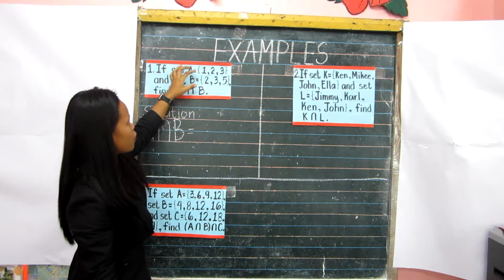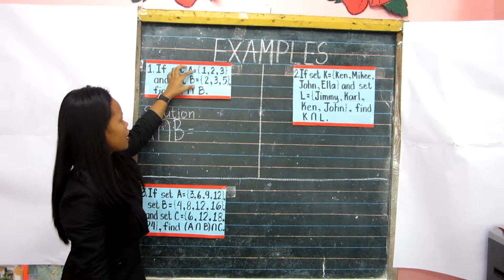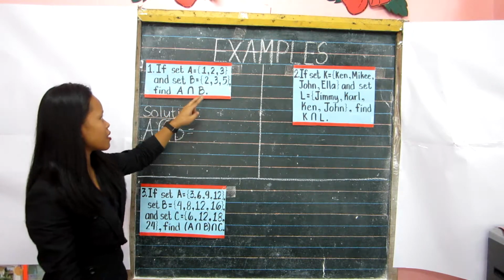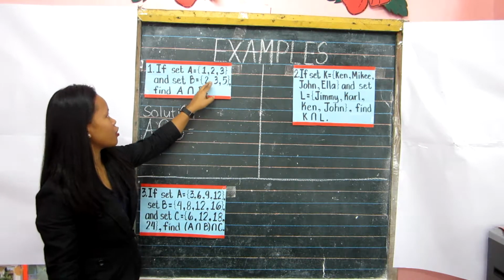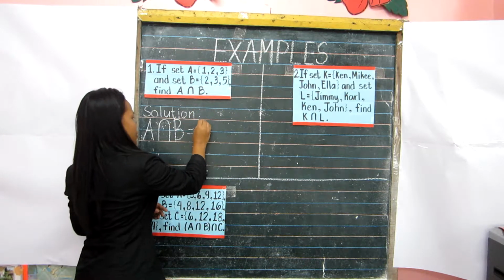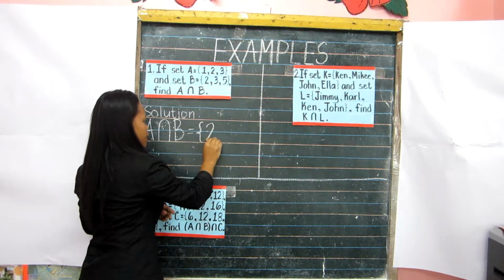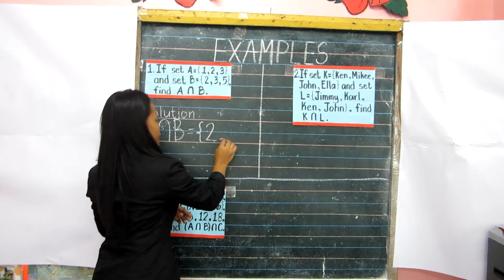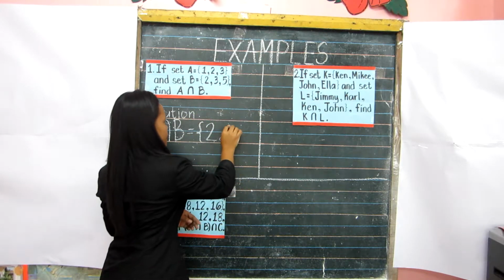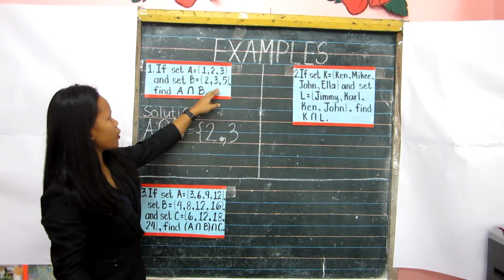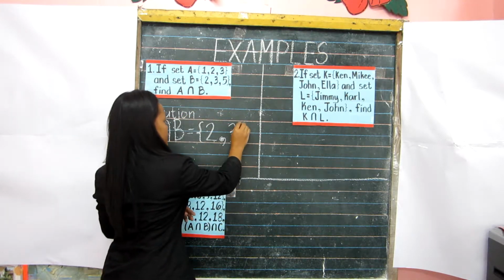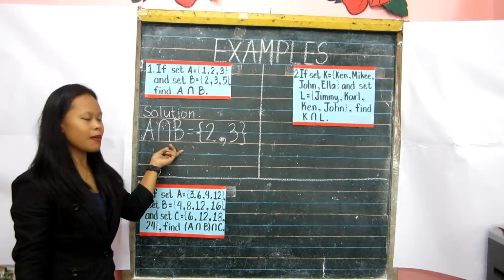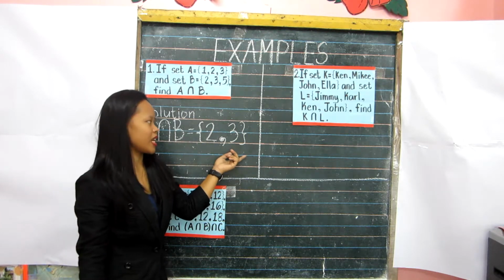In A we have 1, and in B we don't have 1 here, so 1 is not common to the two sets. We have 2 in set A and 2 in set B, so 2 is common to the two sets. And 3, we have also 3 in set B, so this is also common to the two sets. And 5, we don't have 5 in set A, so our A intersection B has the elements 2 and 3.